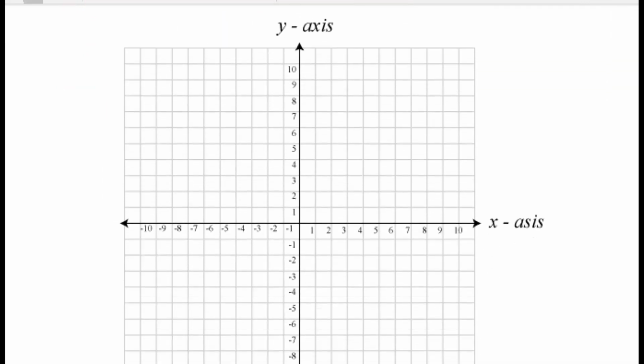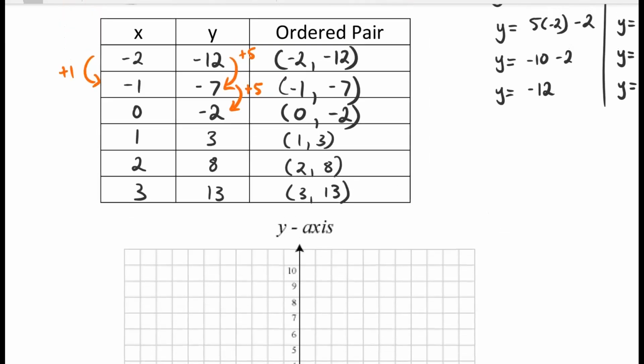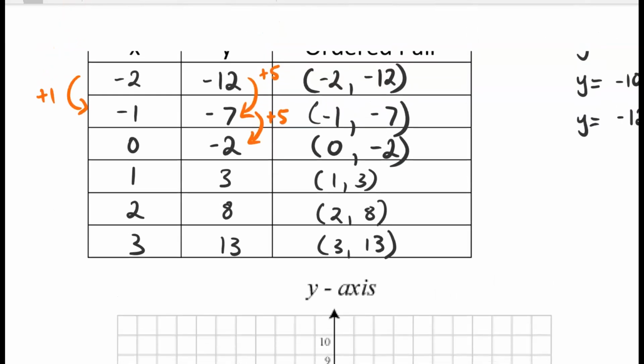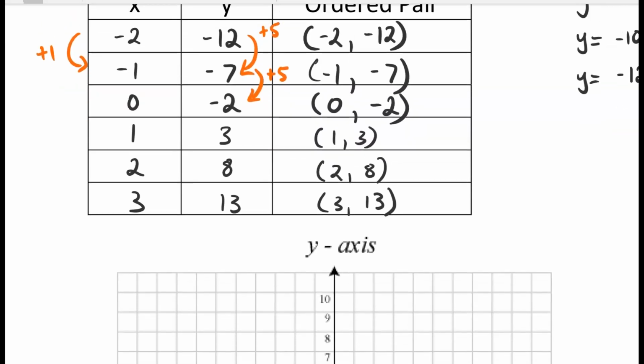What we're going to have to do is plot our ordered pairs. Now, looking at our graph here, you'll notice that it goes up to 10 in either direction. So anything over 10 is not going to fit. So negative 12 won't fit on there, and 13 won't fit on there as well. So what we're going to start off with is something that we know will fit on there.